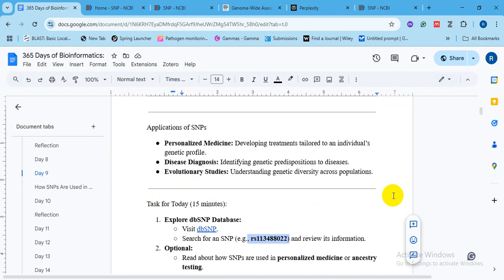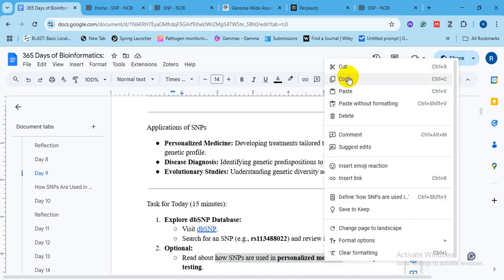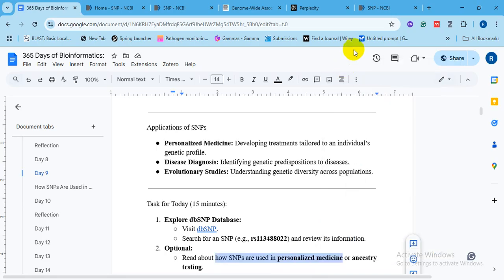The other application is optional. Read about how SNPs are used in personalized medicine or ancestry testing. I am interested in personalized medicine. Ancestry testing is not my interest, so I would love to read more about how SNPs are used in personalized medicine. I will copy this question and go to another AI tool called Perplexity.